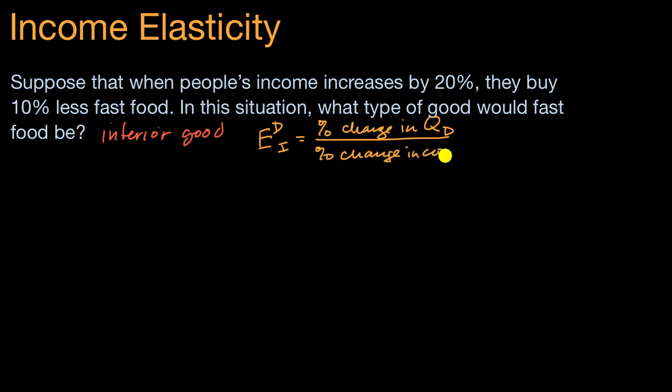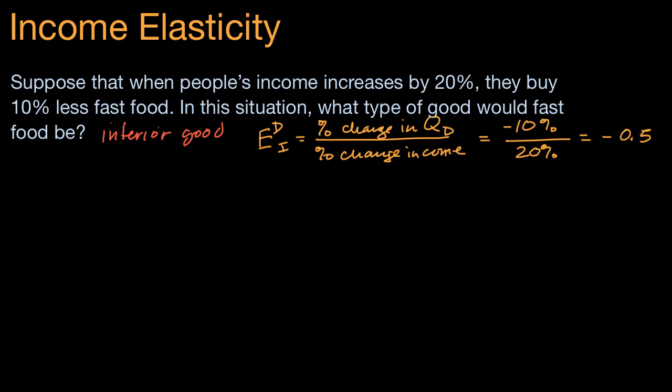Well, we know our percent change in income went up by 20% in this example. And what happened to our quantity demanded? Well, it went down by 10%, so negative 10%. And so here you have an income elasticity of demand of negative 1/2 or negative 0.5.